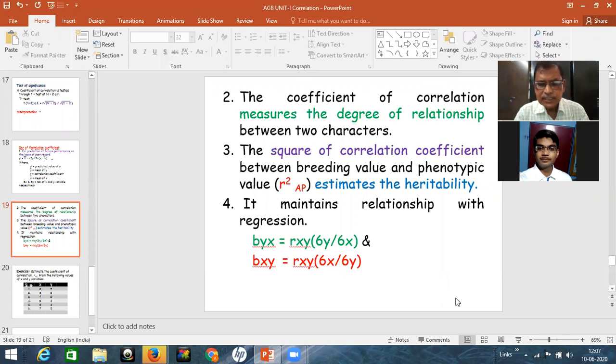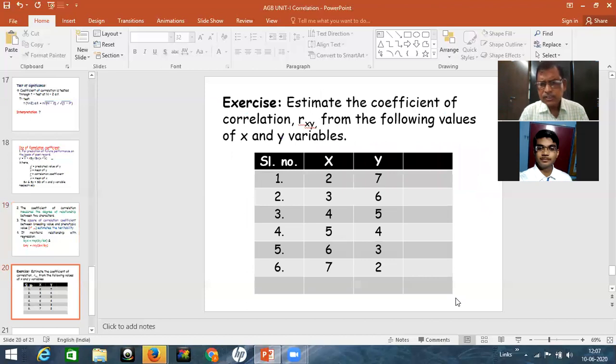Similarly, b xy is equal to r xy into sigma x by sigma y. So this is the relationship between the coefficient of correlation and the regression coefficient. These are the uses of the coefficient of correlation.